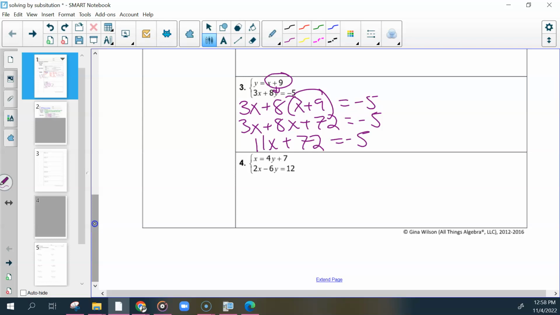Moving 72 to the other side, and then dividing, so that x equals what? -7.